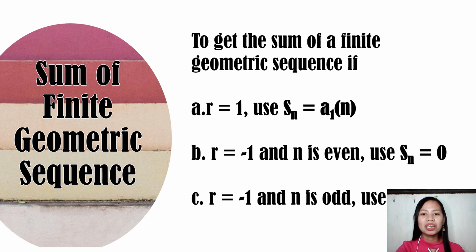If the common ratio is negative 1 and the number of terms or n is even, simply use S sub n equals 0. If r or the common ratio is negative 1 and n or number of terms is odd, let us use S sub n equals a sub 1.